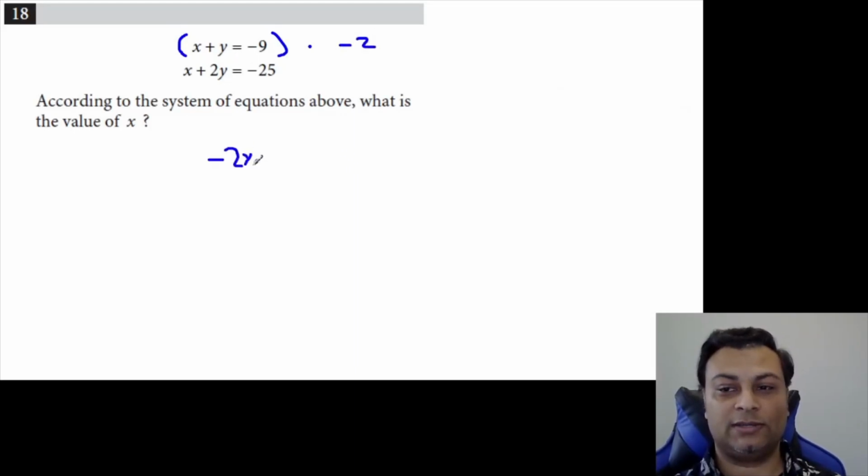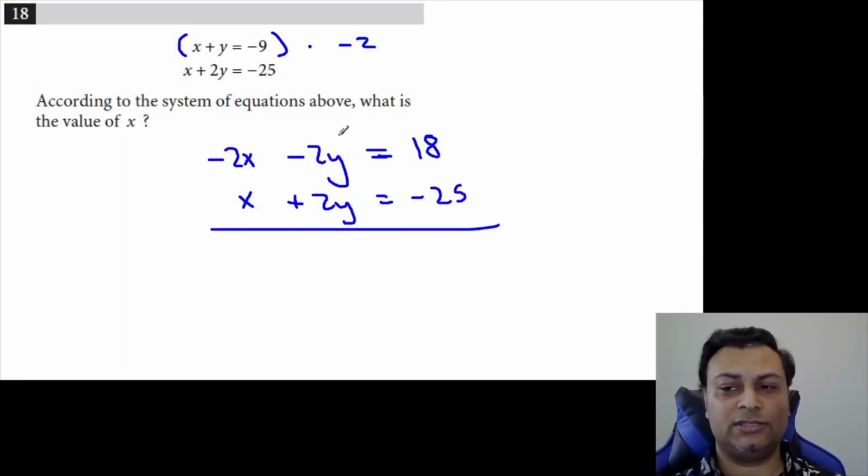Negative 2x, negative 2y, and negative 9 times negative 2 is positive 18. Okay. And then we write everything here. X plus 2y equals negative 25. This is by elimination. These two will go to nothing. Negative 2x plus x is negative x. And 18 minus 25 is negative 7. You divide by negative 1 and the answer is 7.